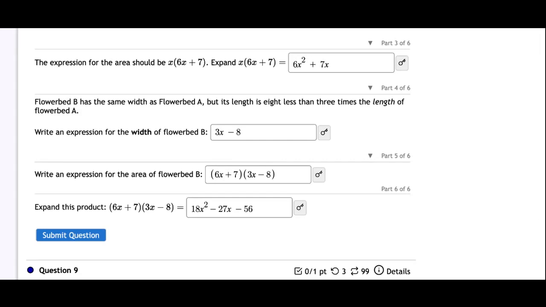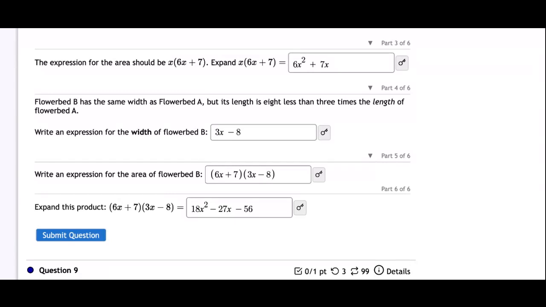Any other questions? If you haven't done it, look through to see if you have any questions.